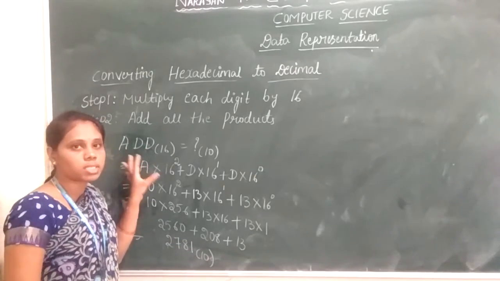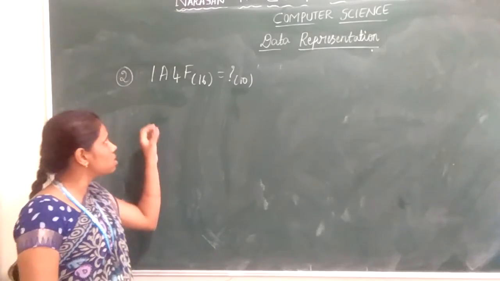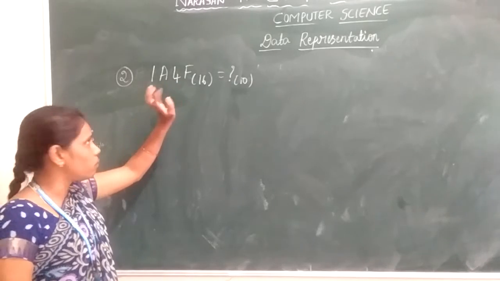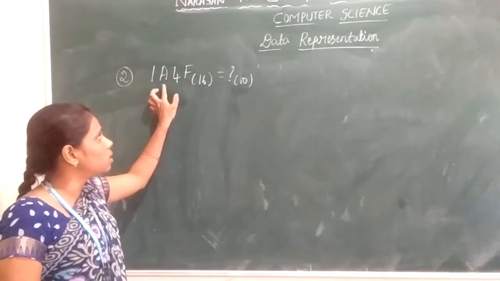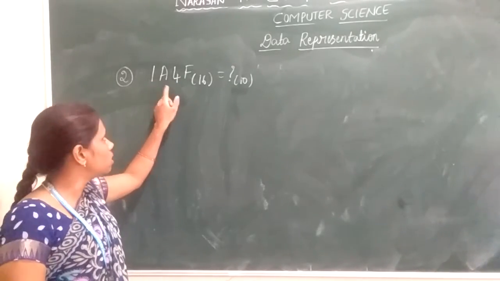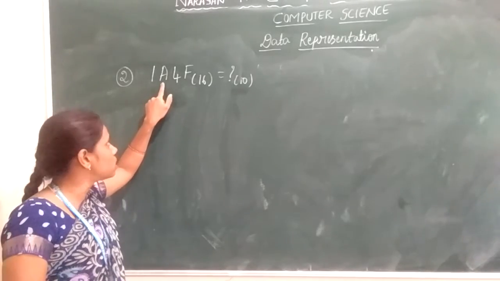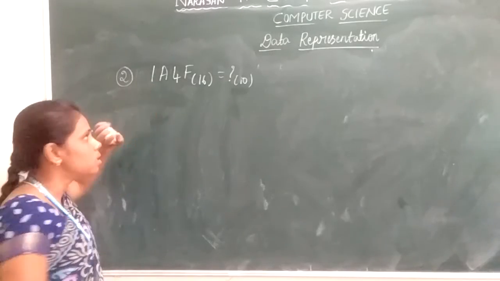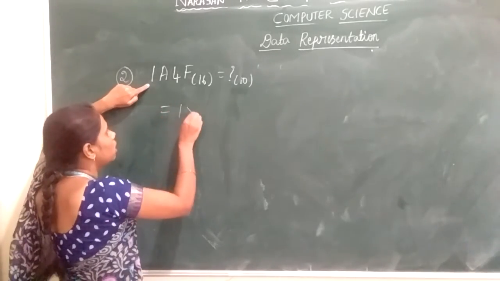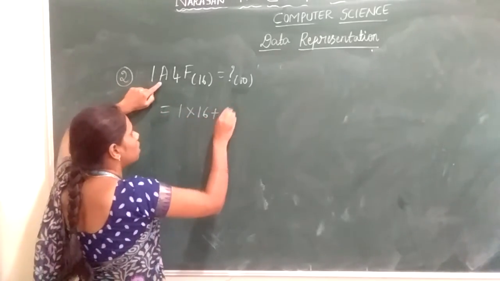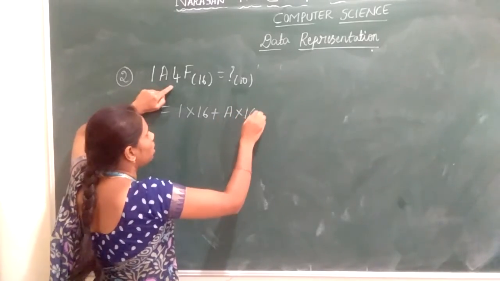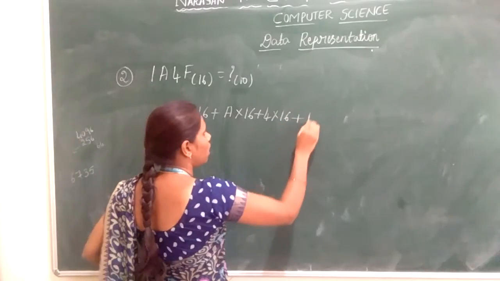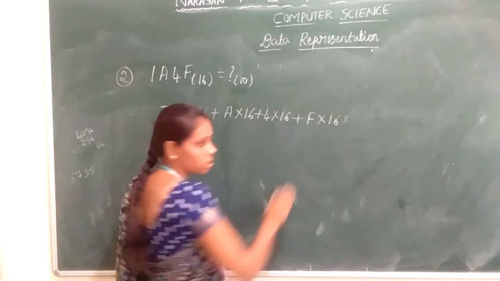Now we will see one more example problem. This is one more example problem. 1A4F. See, all these digits fall under the hexadecimal range, that is A represents 10, F represents 15. Now multiply each digit by 16. Now consider 1 into 16 plus A into 16 plus 4 into 16 plus F into 16.